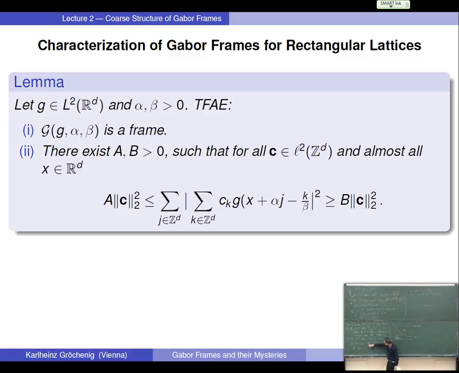So this condition here is a necessary density condition. In order to generate a frame, I need the density to be sufficiently small, and there is a threshold, sort of a critical density, and you have to stay below this critical density.